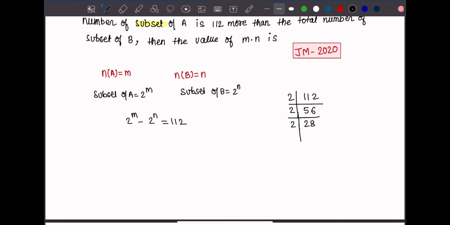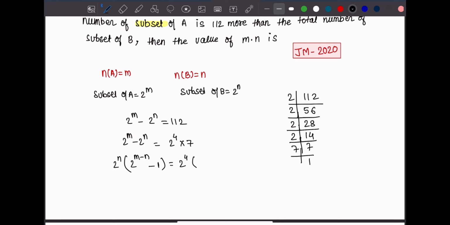So 28, then we are getting 14 and 7. That means we can write 2 power m minus 2 power n as 2 power 4 multiplied by 7. If I take 2 power n common, I get 2 power n times (2 power m minus n minus 1) is equal to 2 power 4 times 7, or this 7 we can write as 2 cube minus 1.